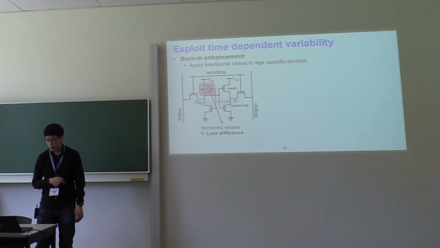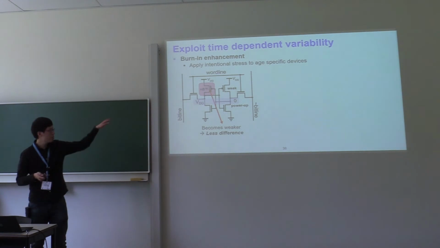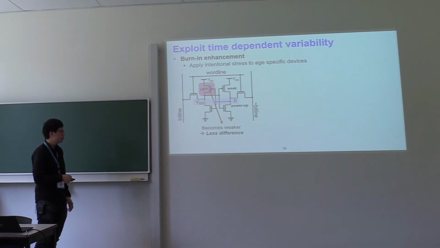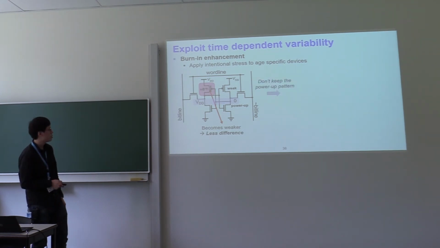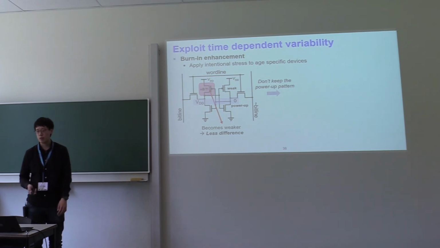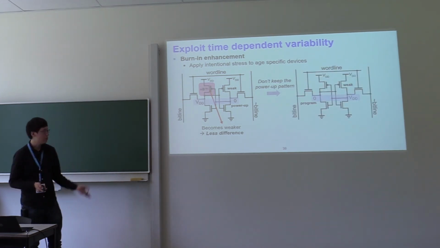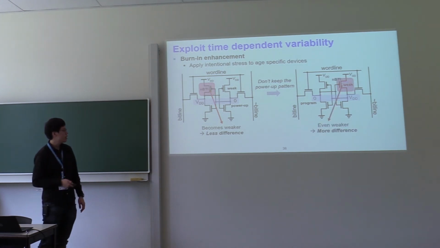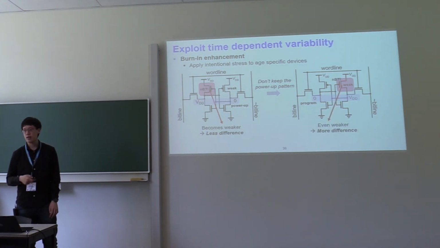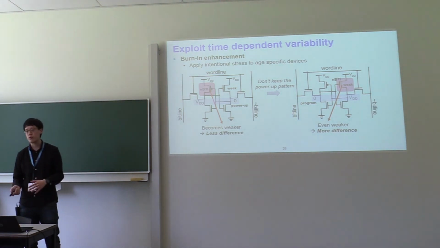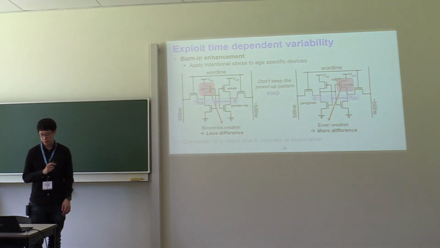Over the long term, this transistor will become weaker, so you don't have that much difference between the 2 transistors. To counter this effect and make it more stable, we don't keep the power-up pattern, but program the data the opposite way. Then you will have BTI on the weak device, and the weak device will become even weaker over time, so you basically increase the difference between the 2 transistors.